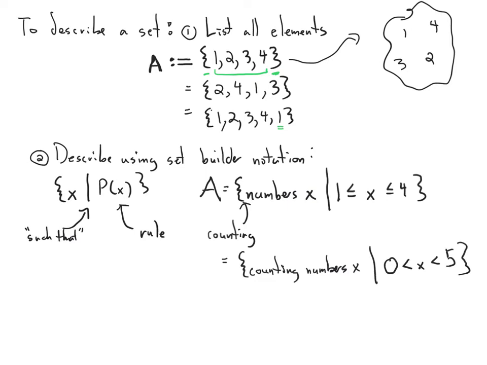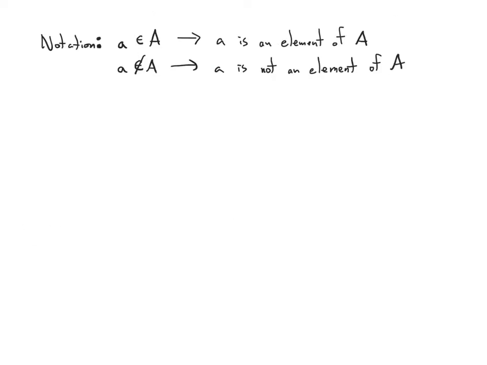And those numbers are, of course, 1, 2, 3, and 4. Those are the only counting numbers that are greater than 0 and less than 5. So you can write down what a set is in set builder notation in many ways. So a little notation so we can talk succinctly about elements of sets.